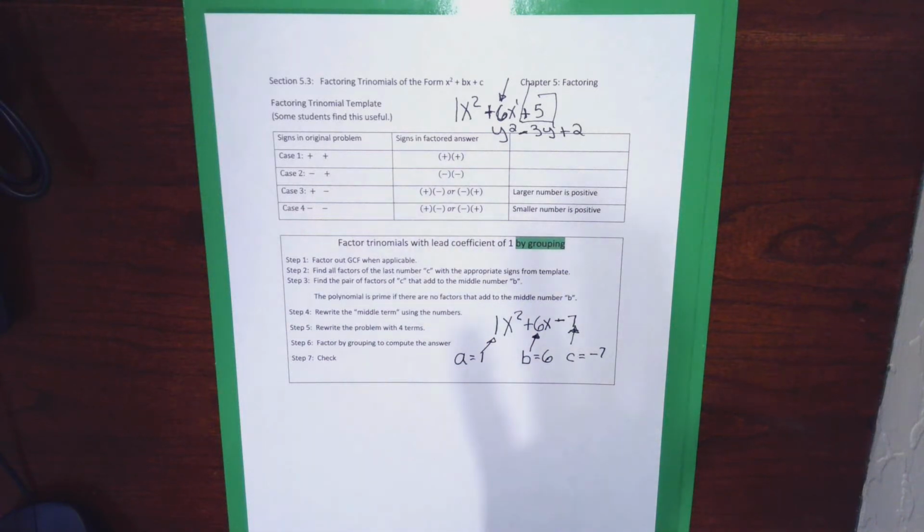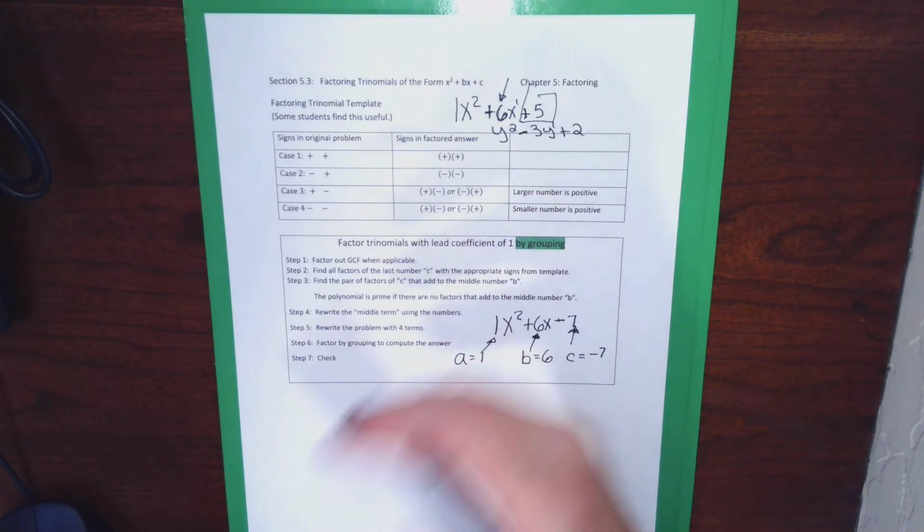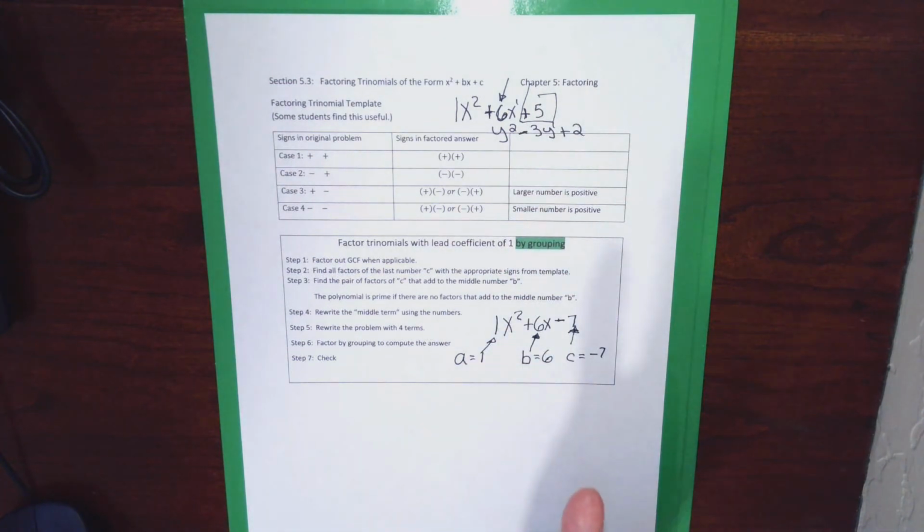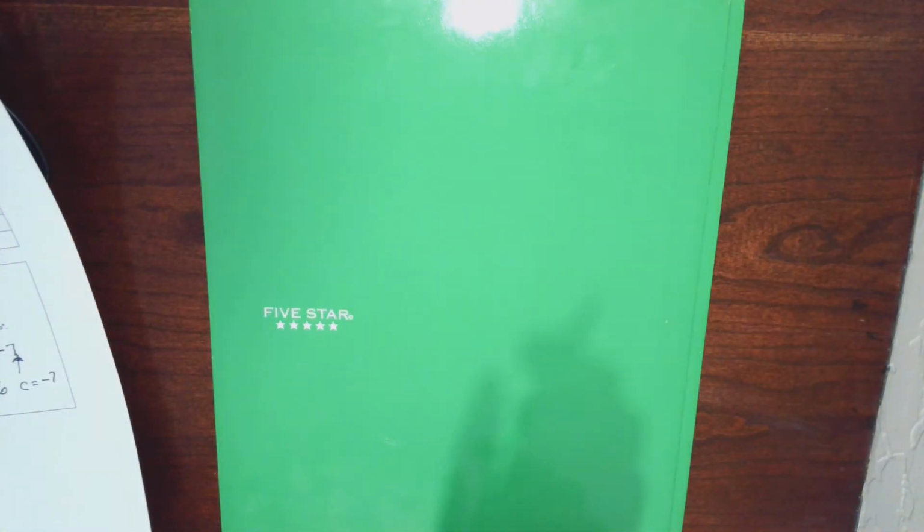We're going to factor it into the product of 2 binomials, and when we factor it in this first video, we're going to start with a trinomial. We're going to cleverly or very carefully rewrite it as a problem that has 4 terms, and then we're going to factor by grouping.